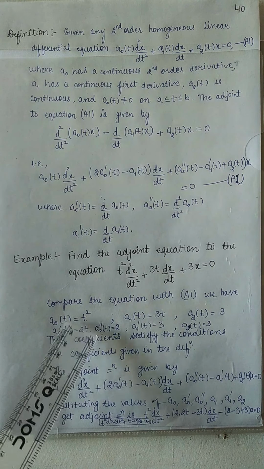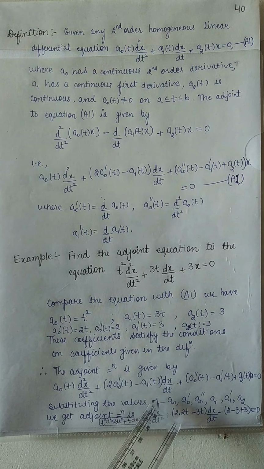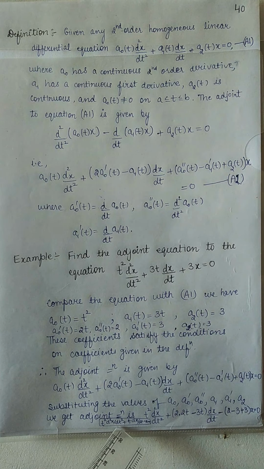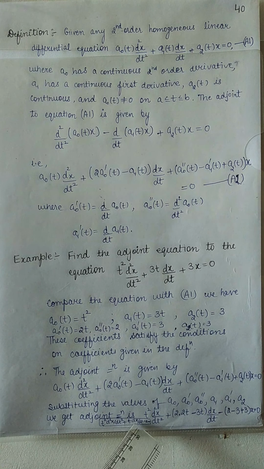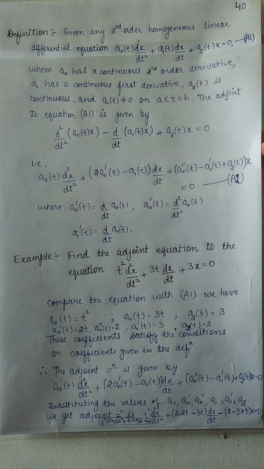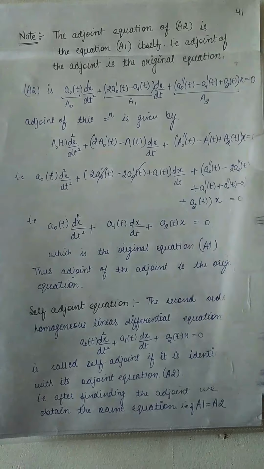And after substituting these values in A2, we get that the adjoint equation takes the form t square d square x by dt square plus t dx by dt minus x is equal to 0. So this is the way to write the adjoint of an equation.